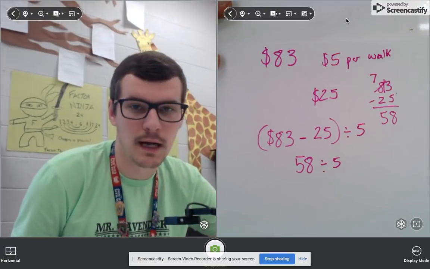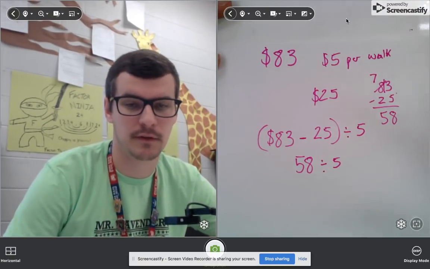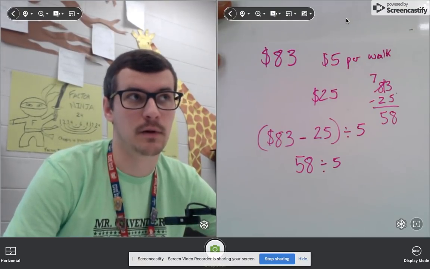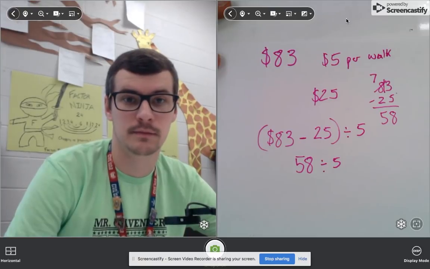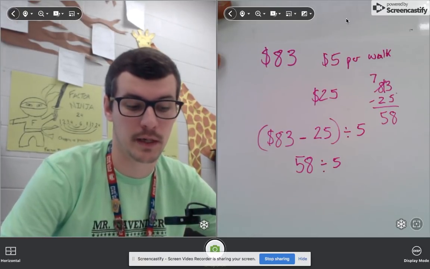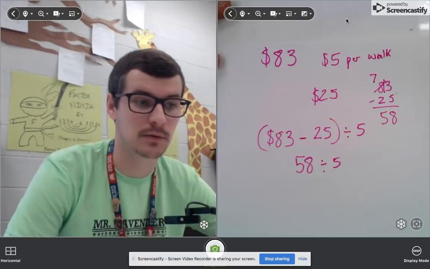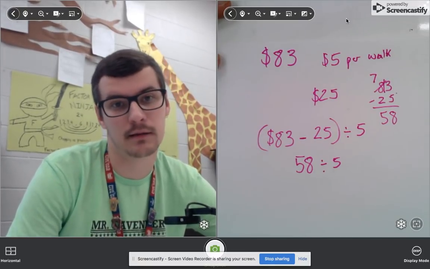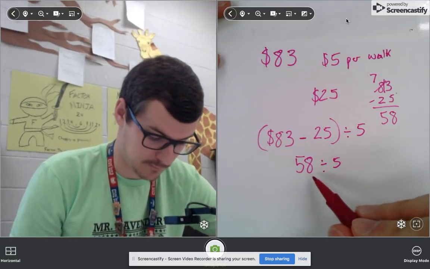The reason why is because if we have this $58 here, each time she walks, she gets $5. So we want to know exactly how many times she needs to walk the dog in order to be able to get this bike.